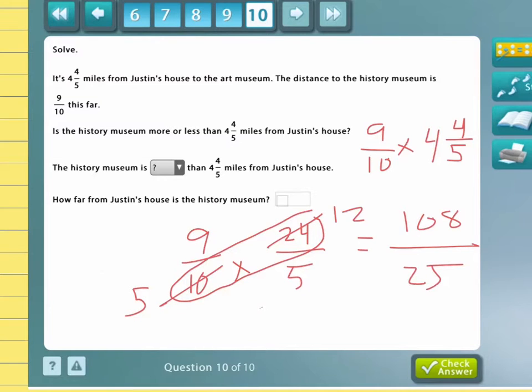So now I have to figure out how many 108 25ths is. I know that 4 times 25 is 100. So 25 will go into 108 4 times, and there'll be 8 25ths left over. So the History Museum must be 4 8/25 miles away from Justin's house.